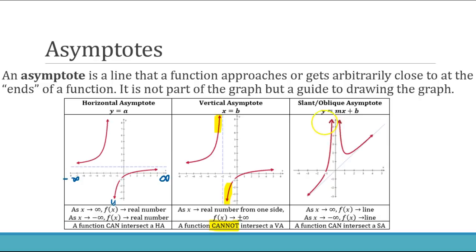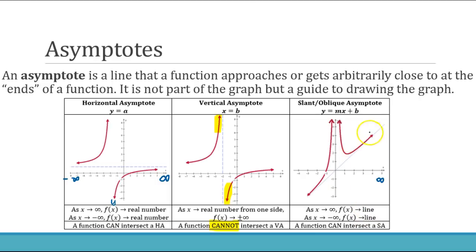And the last type of asymptote is called a slant or oblique asymptote, and it's a linear function. So here I have this dotted line as my slant asymptote. It's actually y equals x in this example. So what's happening is as x values approach positive infinity, so as x values are getting bigger, y values, f of x values, are approaching this line.